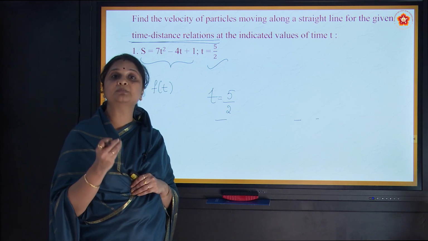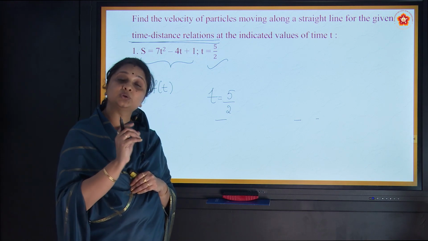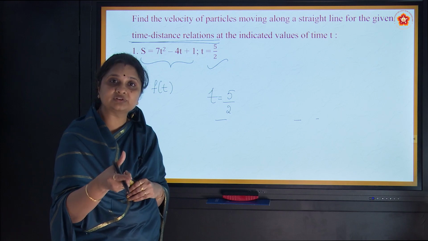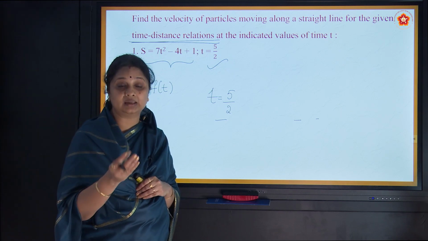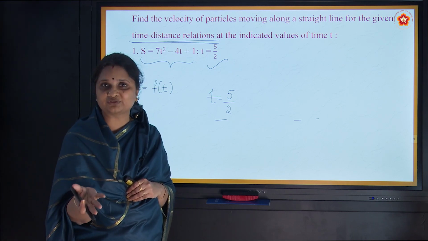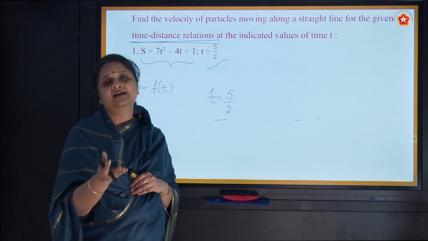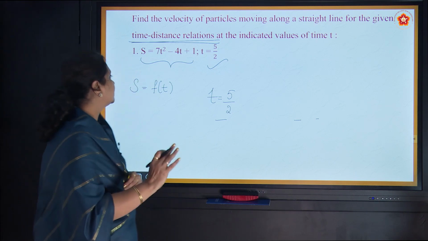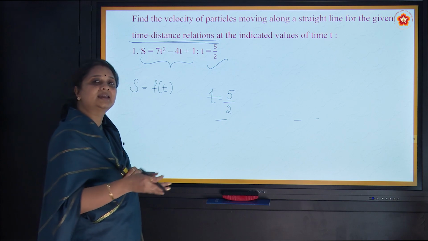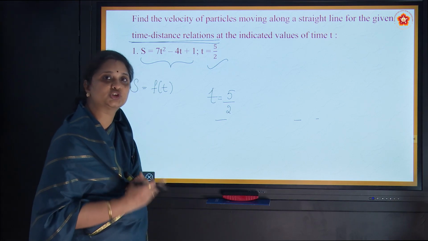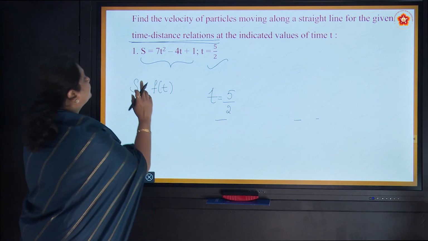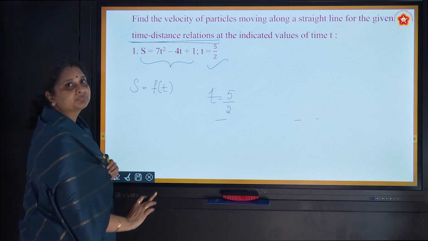Of course, it's not possible for anybody to cover equal distances in equal intervals of time. Not always, unless it is a periodic motion, correct?